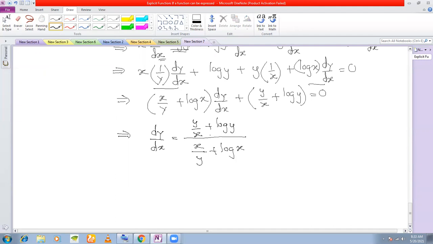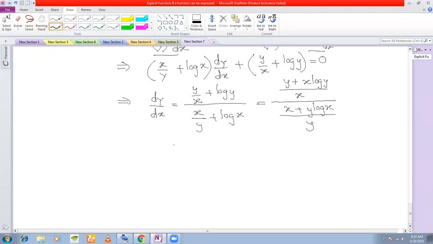Okay. Now you can take the LCM. (y plus x log y) divided by x, over (x plus y log x) divided by y.